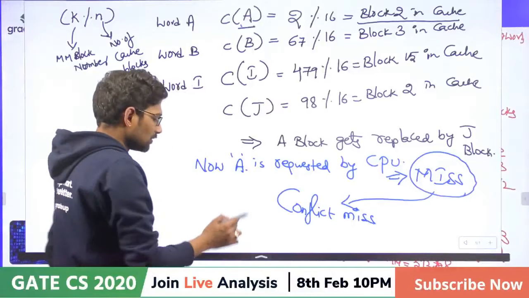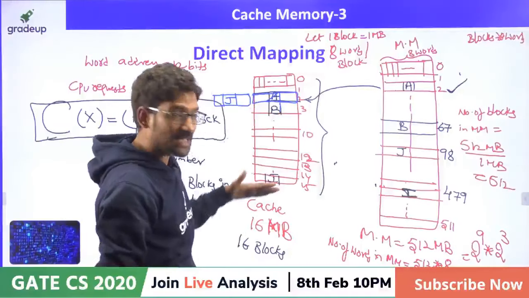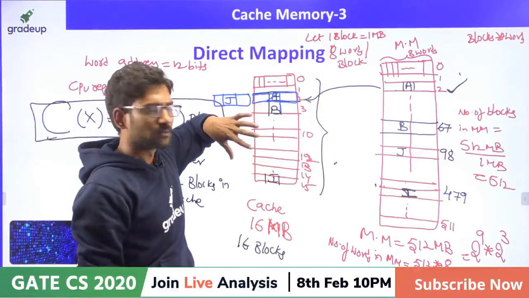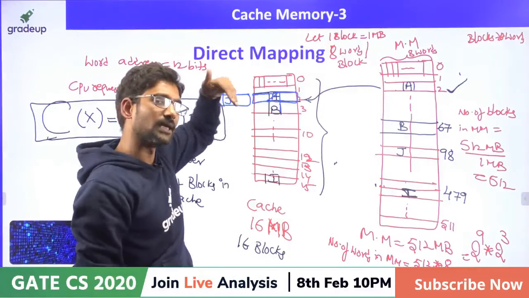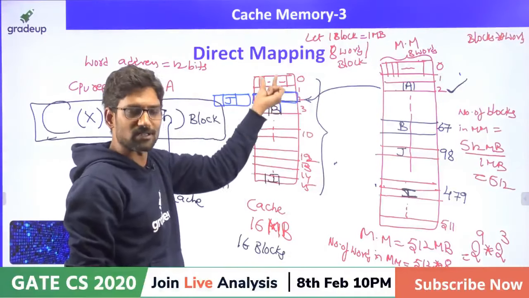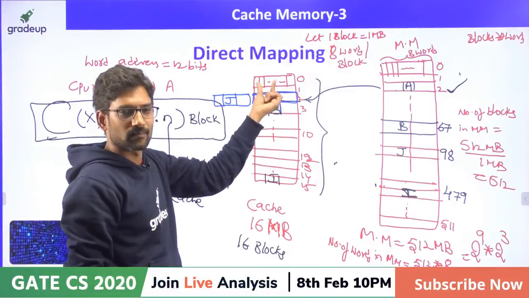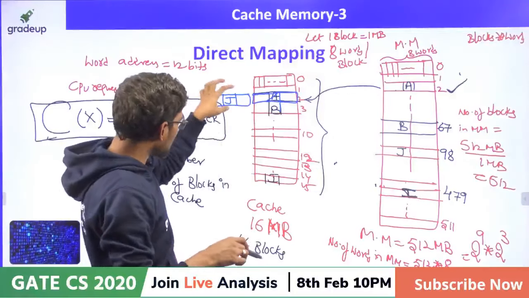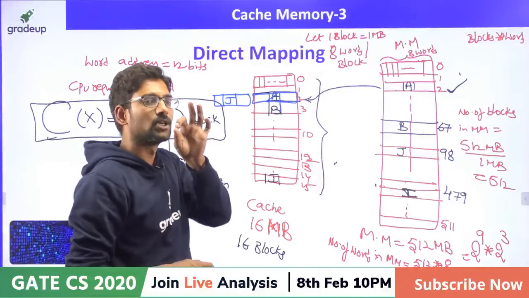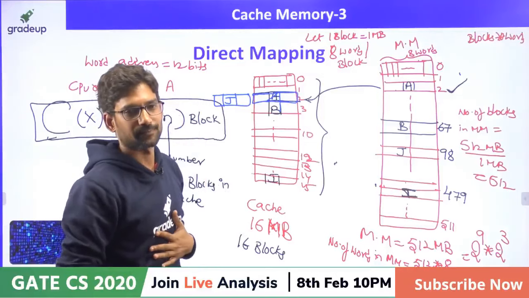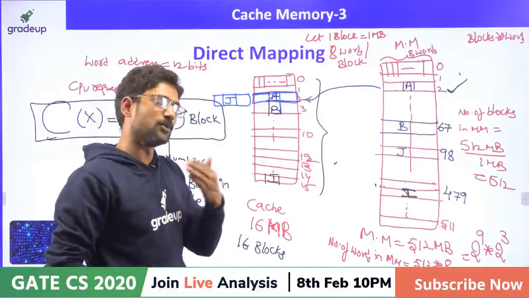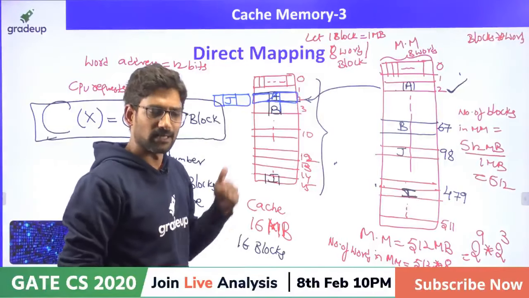And if there is insufficient capacity, the complete cache memory is full, and then a miss occurs, that is a capacity miss. But here there are many other vacant slots, but still you want to place J here only, so a miss occurred. So this is called a conflict miss. This is one meaning; there is much more to understand about conflict misses, I will tell it slowly.